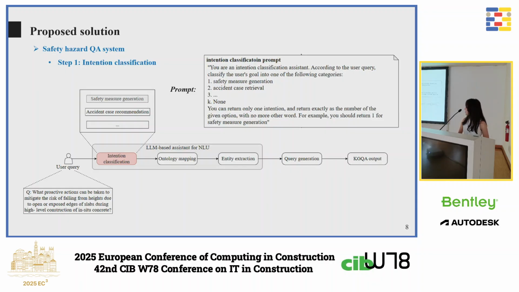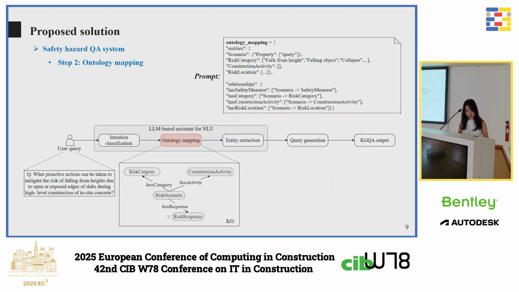So for example, if we have the user query here asking about safety measures in a safety situation, then the intention classification prompt embeds this query as an input, and the language model takes this input and classifies it into one of the different types. So here it is expected to classify the question as safety measure generation by returning 1.